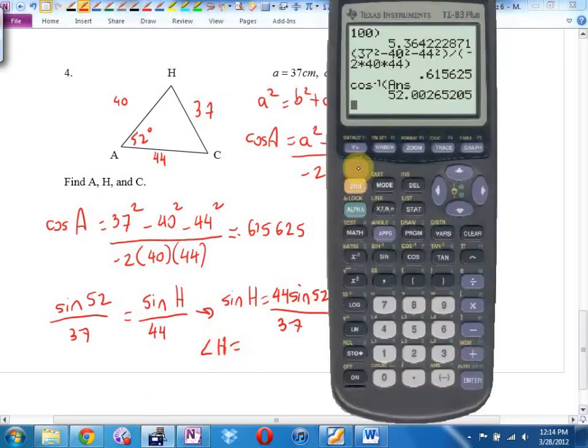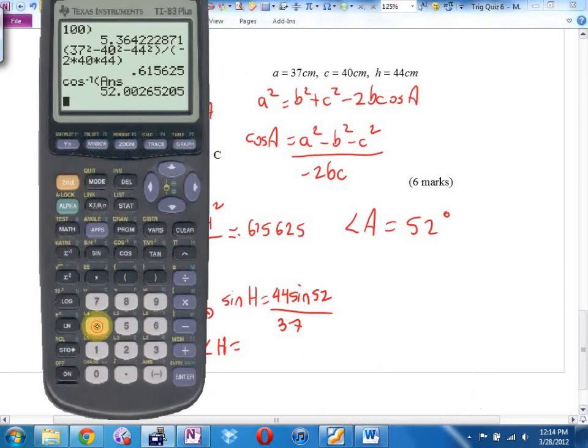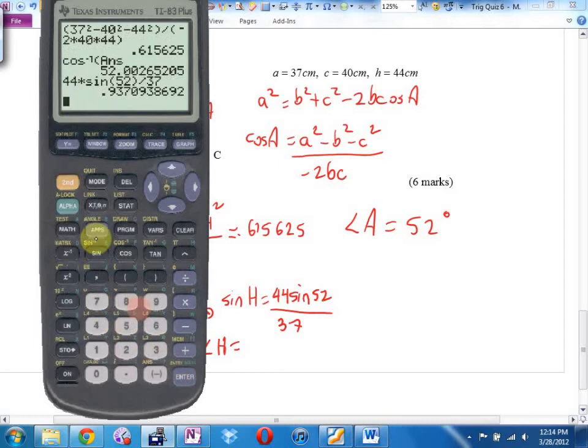Again, I'm going to use the shift button because I'm finding an angle. It's going to be 44 times sine 52 divided by 37. Second function sine of that. 69.6. If you said 70, I'd take it, but 69.6.